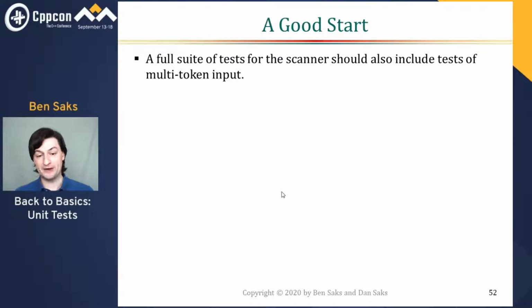Now, if I was going to have a full suite of tests for the scanner, I'd also want to include some tests of multi-token input. I'm not showing that here, but a real full test of the scanner should also be looking at whether the scanner works correctly when dealing with input consisting of multiple tokens.